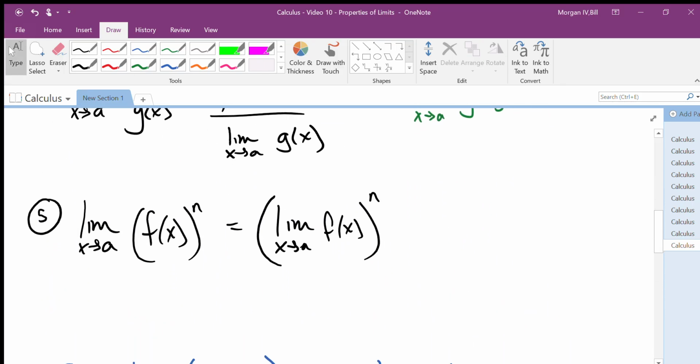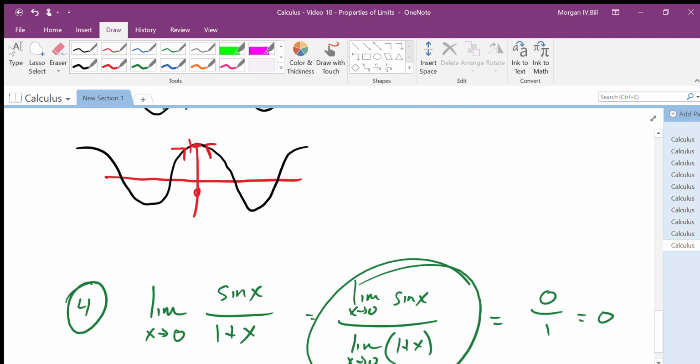Number 5, if we have a function raised to some power, this one's interesting. The limit of some function raised to the power. So the limit as x approaches 3 of x to the 5th. We could take the limit as x approaches 3 of x and then raise that result to the 5th. The limit can go on the inside part of that.